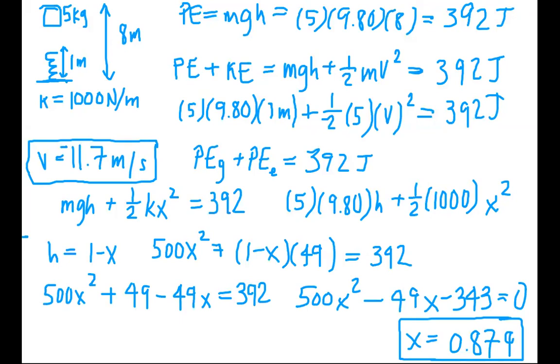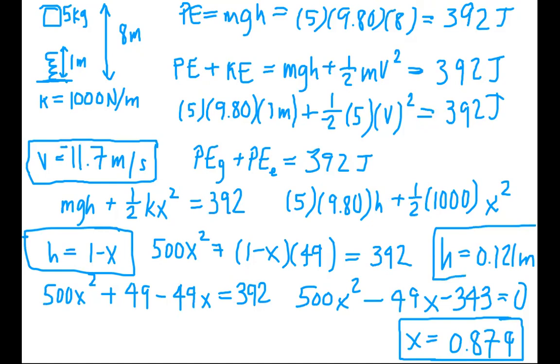As we said that h is equal to 1 minus x, we can subtract 0.879 from 1, which gives us h equal to 0.121 meters. That's how high off the ground it would be, using our equation of 1 minus x.